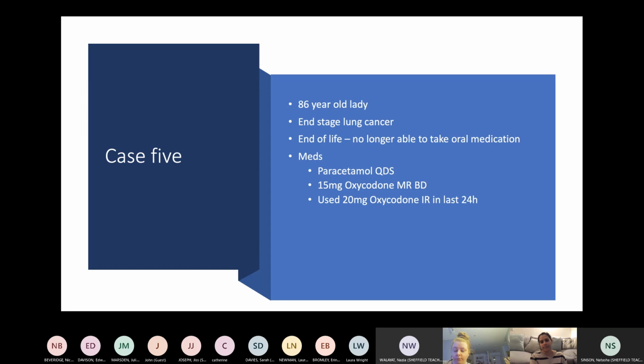So this person's on regular oxycodone BD MR 20, and they've used 20 milligrams of oxycodone IR in the last 24 hours, which again, I think most of you know, you guys have got a lot more experience than some of the other junior doctors, is about working out how much you've had in the 24-hour period and putting that into a syringe driver essentially, and probably not being scared that sometimes it does come out at quite high doses.